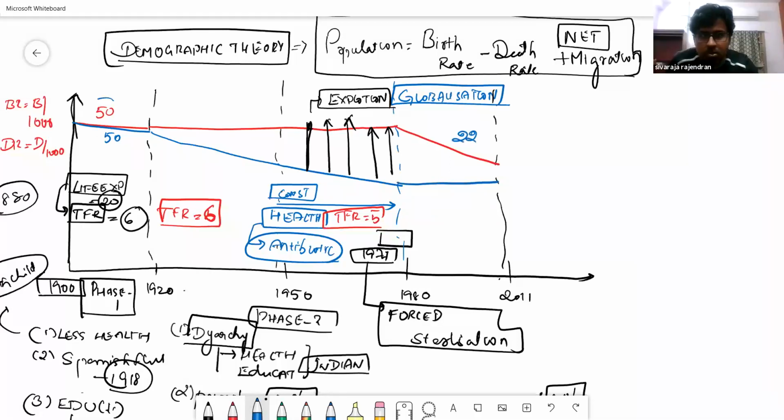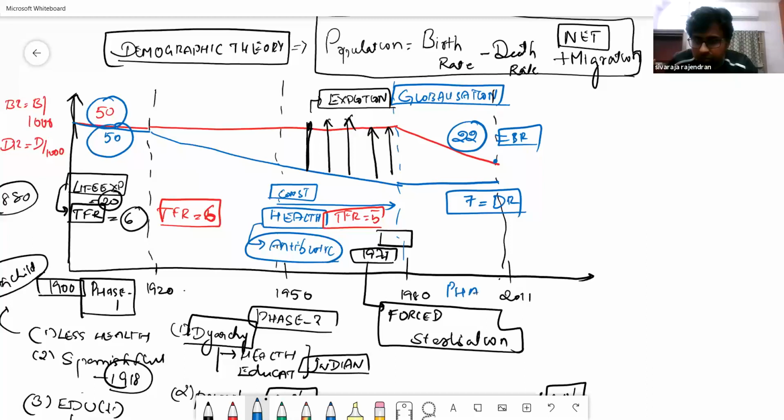It was 50, death rate was 50. Now it has stabilized to 22 birth rate, and death rate has stabilized to 7. This is the third stage, phase 3. In the fourth stage, it will decrease even more, upon the stability in population.